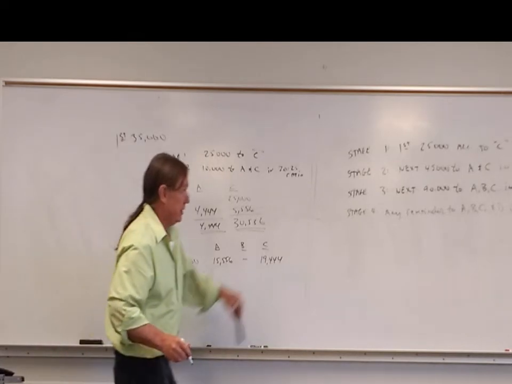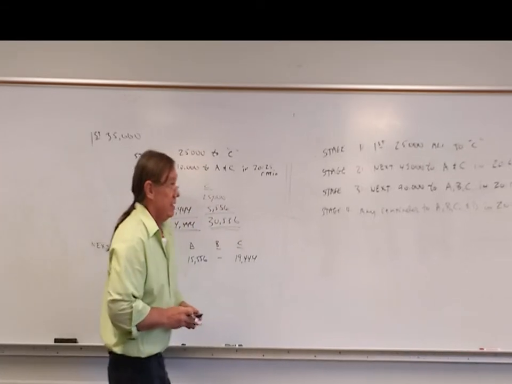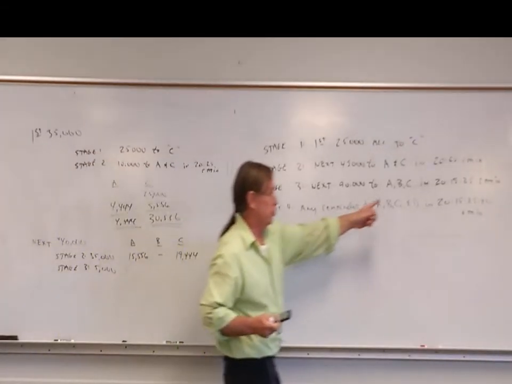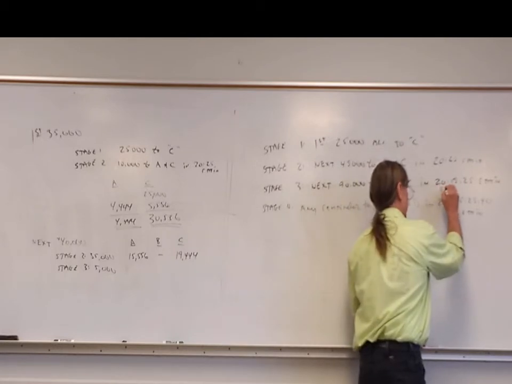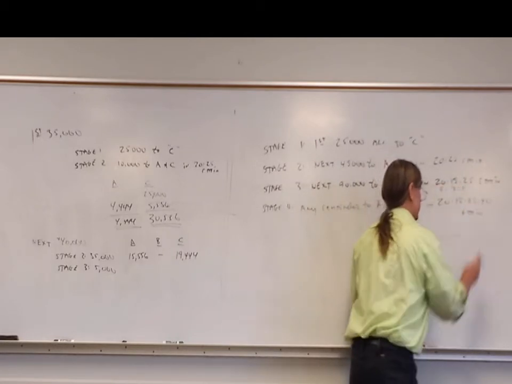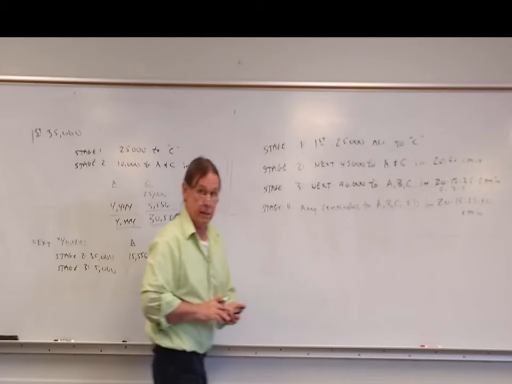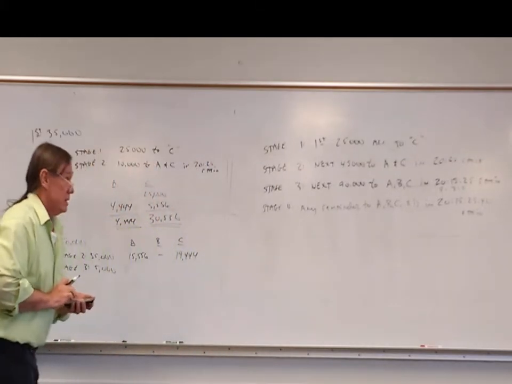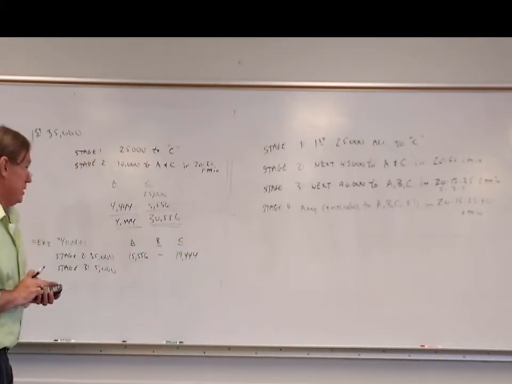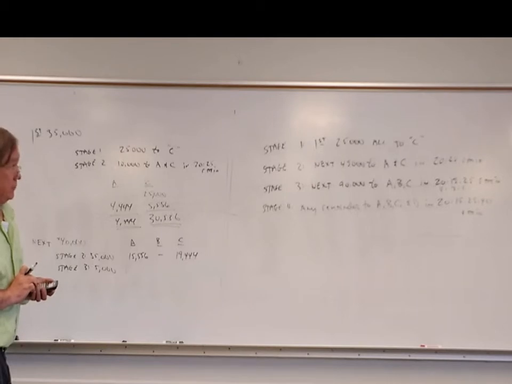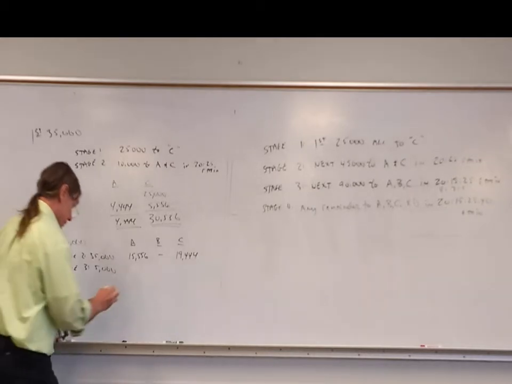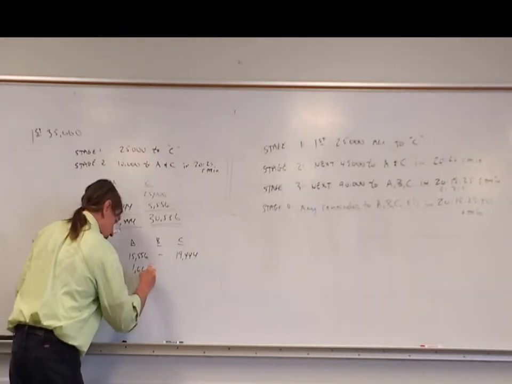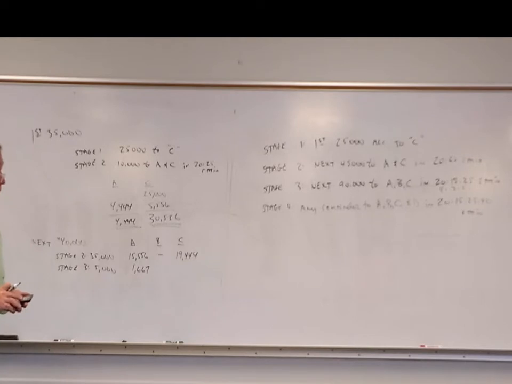And in stage 3, we're allocating it to A, B, and C in a, again, whether 20 to 15 to 25, or equivalently 4 to 3 to 5. Neither, you're not going to get a neat number no matter what you do. So A is going to get 4 out of 12, or 1/3 of that $5,000, rounding off to the nearest dollar.